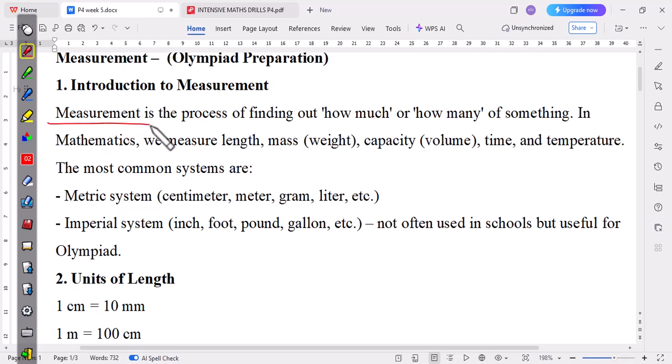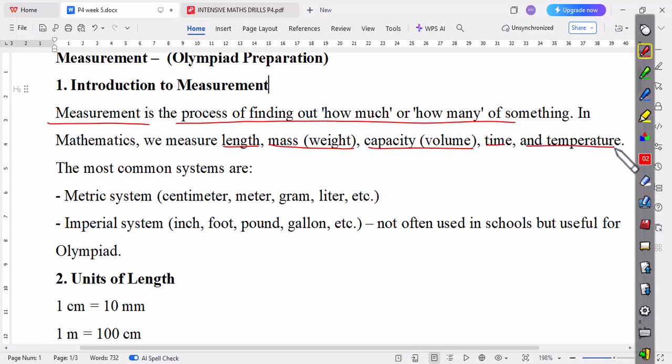Measurement is the process of finding out how much or how many of something. In mathematics, measurement has many kinds, including length, mass or weight, capacity or volume, time, and temperature. Some combinations of these measurements will form another measurement.